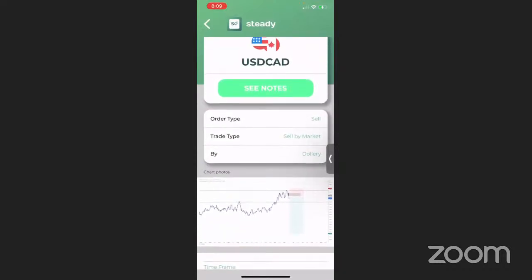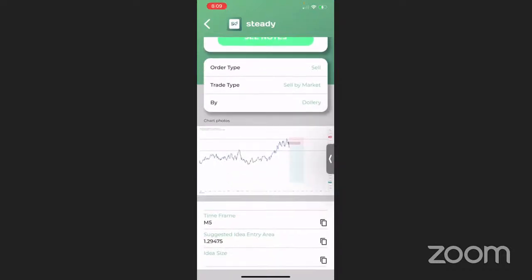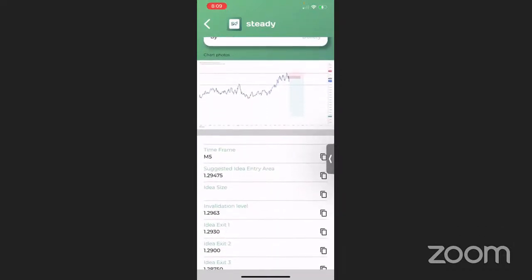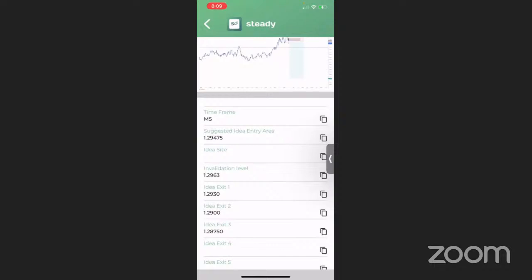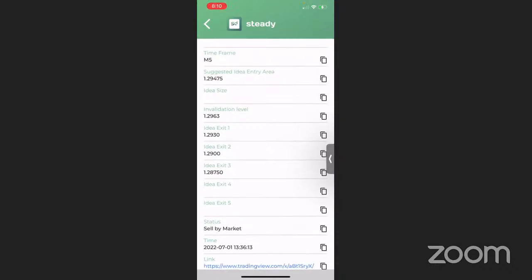So it tells you the currency. Is it a sell? You're gonna go in as a sell by market, and the same thing. It gives you all the information like I am Blaze. It's just that their ideas don't come as often. But when it comes, usually it will be a good trade.